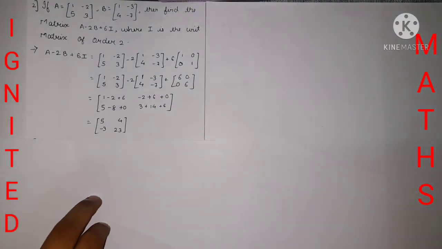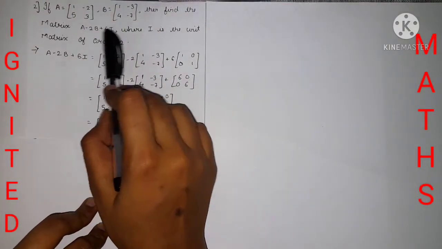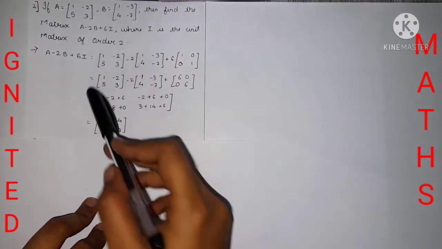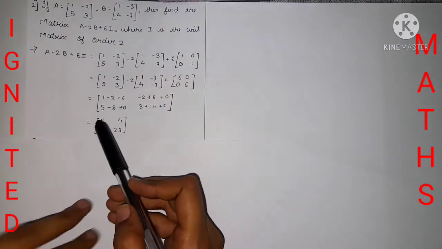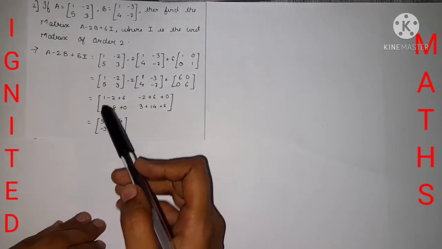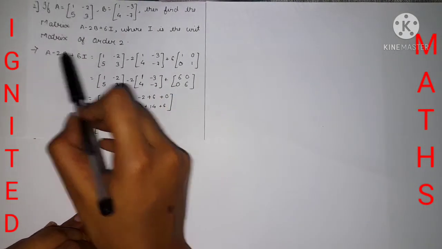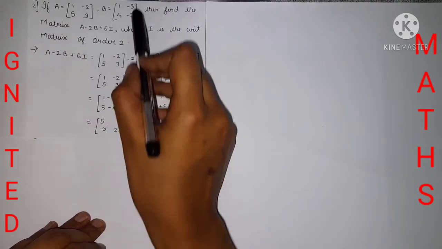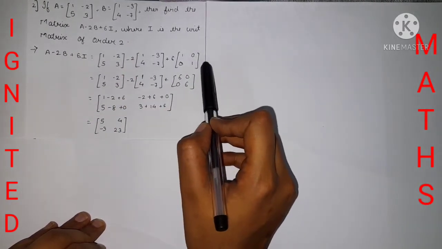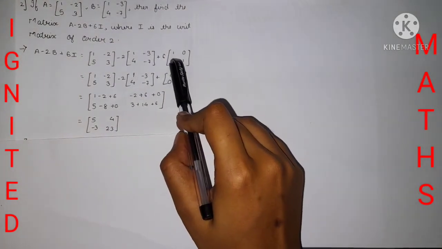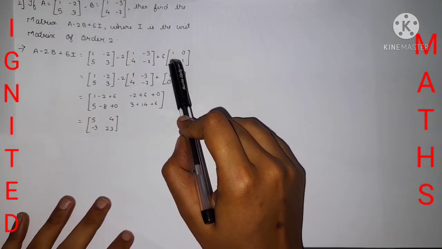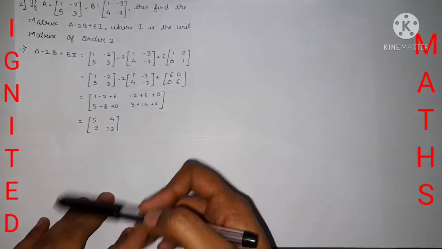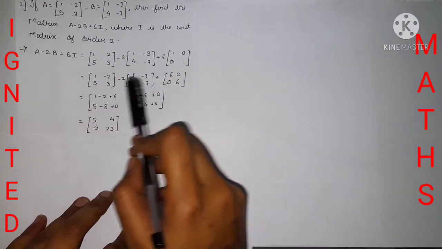Now let's move to the sum. A minus 2B plus 6I. The A matrix is given, the B matrix is given, and the identity matrix, that is the unit matrix, we also know about it. So let's start. Now the A matrix minus 2B plus 6 times I, where I is the 2 cross 2 identity matrix. It should be solved by scalar multiplication first. With scalar multiplication we solve, and after that we relate these 3 matrices.